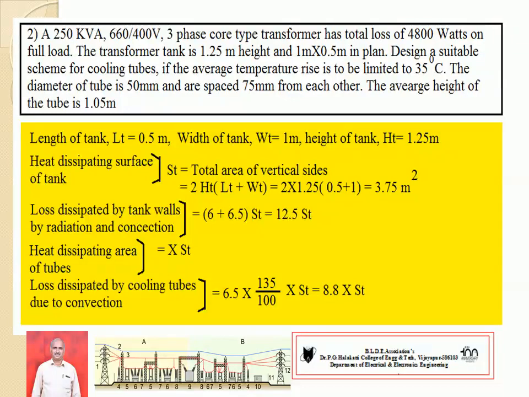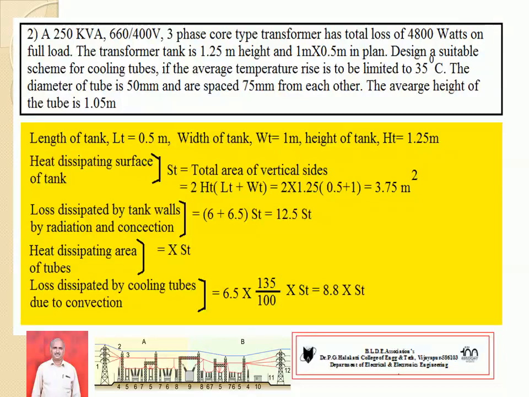In the last problem we had 40% improvement. Now it is not mentioned here. In standard format improvement is 35%, hence we have to take that value while designing the cooling tubes. So X St is the heat dissipation area due to cooling tubes.